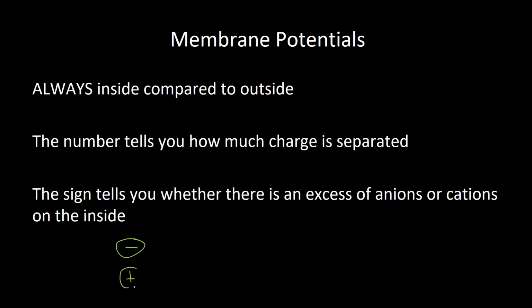If it's a positive number, that tells you there's more positive charges on the inside. Okay, so for example, if V sub M, the membrane potential, equals minus 10 millivolts, you know that there's a separation of charge, 10 millivolts worth, and the inside is negative compared to the outside.